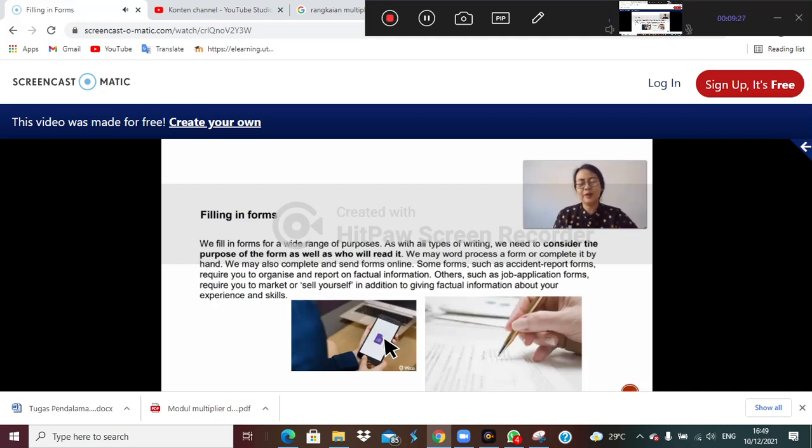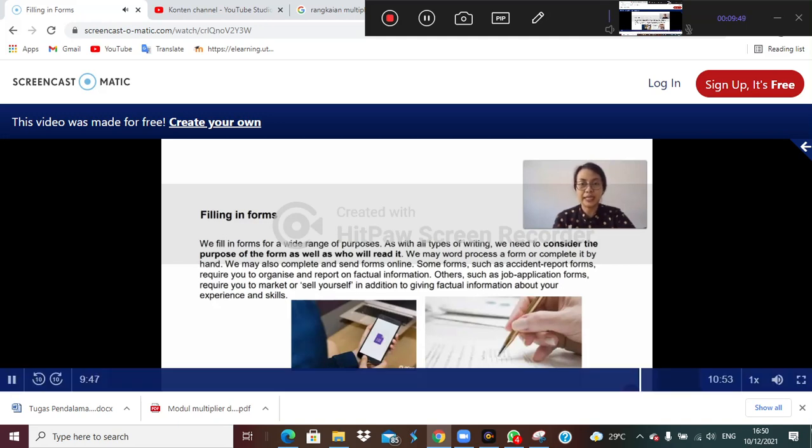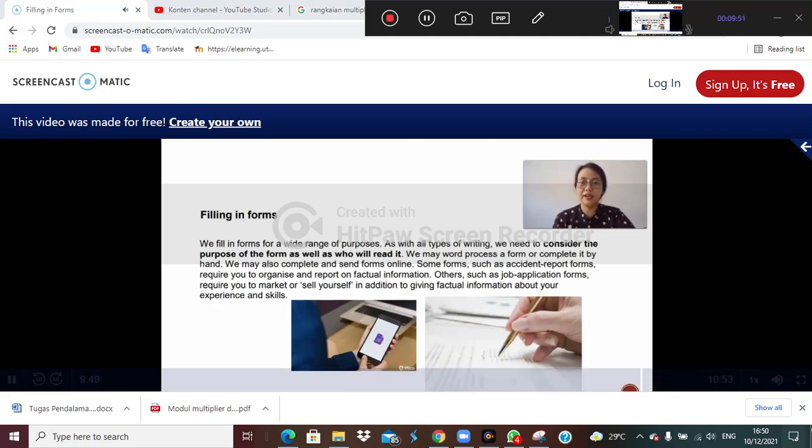So describe yourself more, or give specific information about you and your special skills that you want to highlight. Those are different kinds of forms, and several things we need to consider before filling in forms.